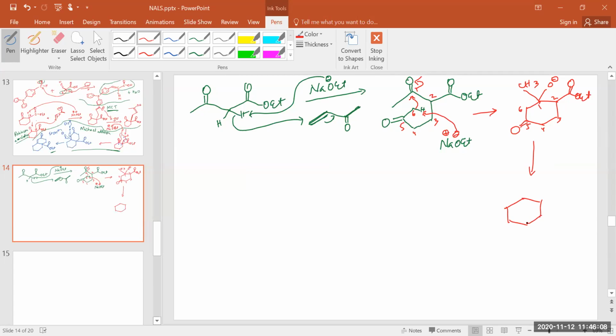It will make OH and CH3. Here you will have OEt, and then in the next step, the base again will take this hydrogen for an E1cB type mechanism to remove the water molecule, and it will make a 6-membered ring.